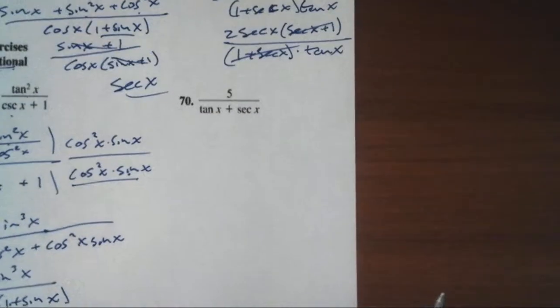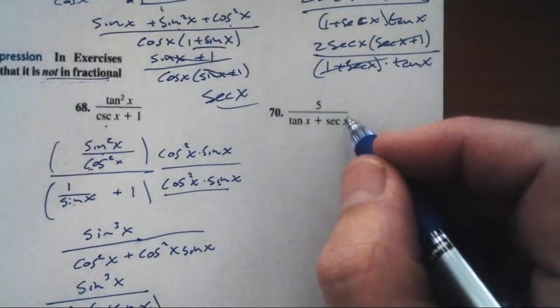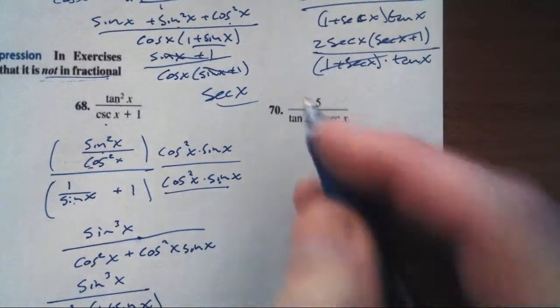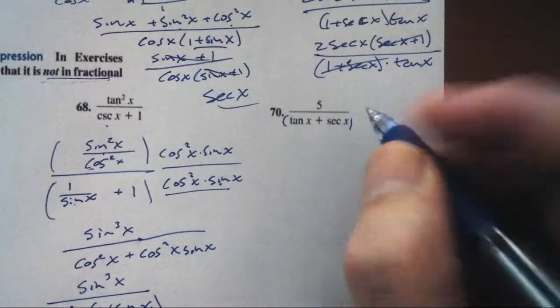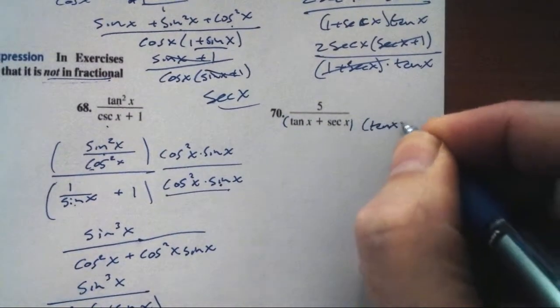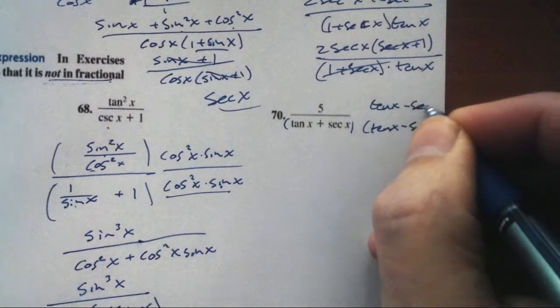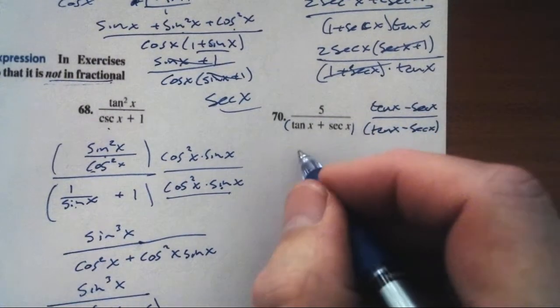Okay, with that said, I'm going to just jump right in. Tangents and secants live together in a Pythagorean identity. I wish they were squared. I'm going to go with conjugates right away here. Tangent of x minus secant x on tangent x minus secant x gives me 5.